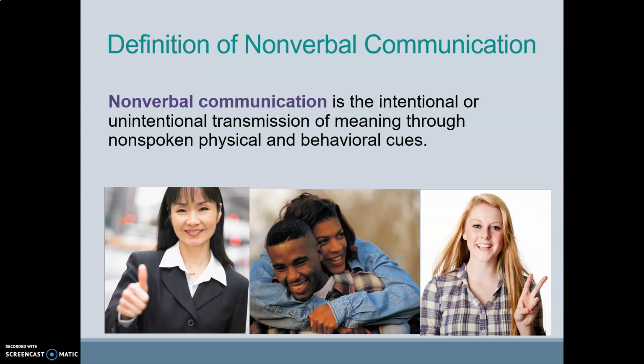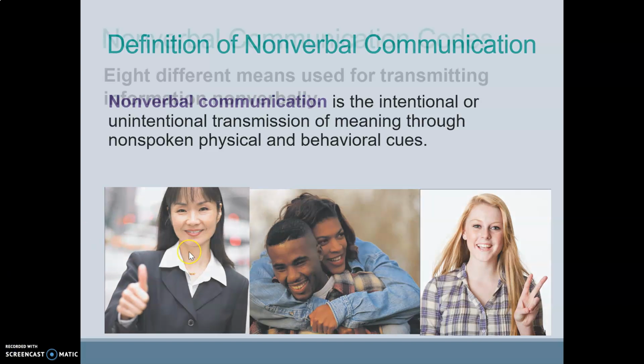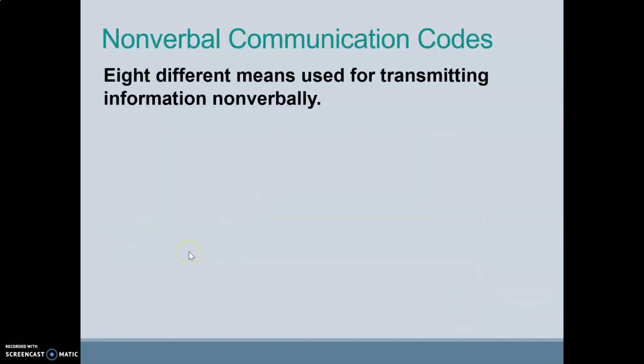So this is a definition of nonverbal communication, and let's take a look at what types of nonverbal communication codes we could have. Well, in general, there are 8 different types of nonverbal codes for transmitting information.